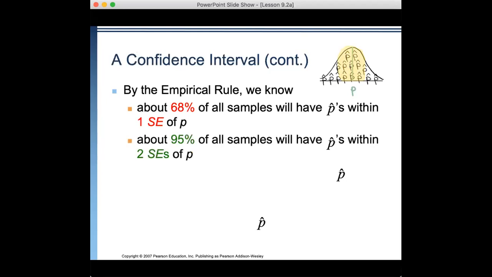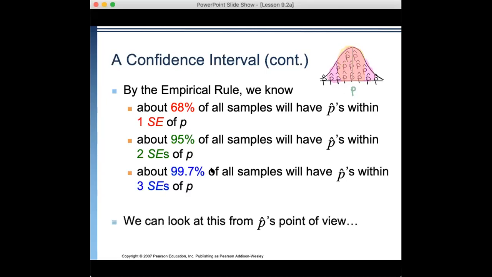Now if we keep going, let's say we go two standard errors out. Now, 95% of all of these will be within two standard errors. So it'll be something like this pink area. So 95% will be within two standard errors from that true p right in the middle.